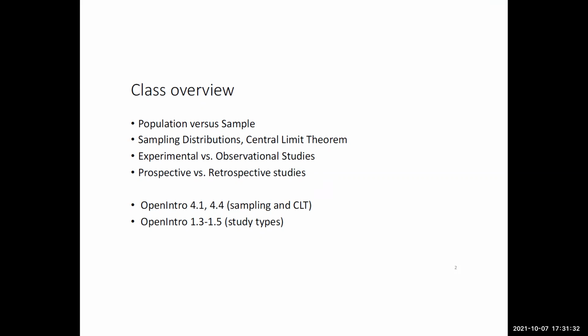We will be talking about population versus sample. We will be talking about sampling distribution and the central limit theorem, which is very central to essentially build the bridge between a sample and the population. As you can imagine, this is quite important, particularly for hypothesis testing, where you need this general concept to understand what hypothesis testing entails. But more about this in the next lectures when we actually talk about hypothesis testing.